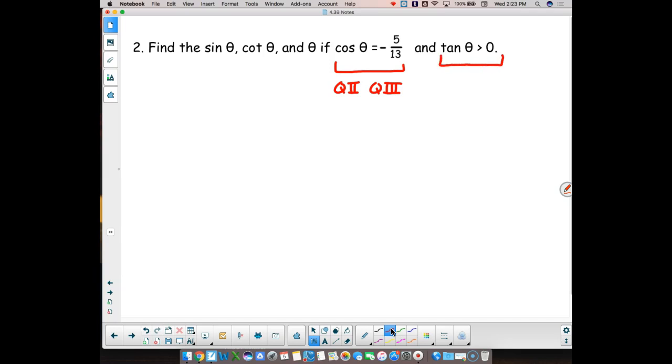Tangent is positive in 1 and 3. So that tells me that theta is in quadrant number 3. Agree with that?